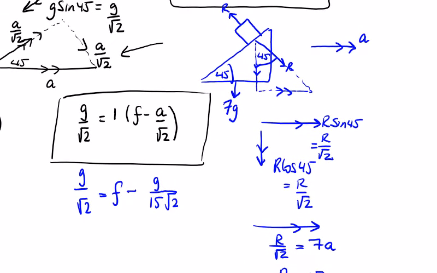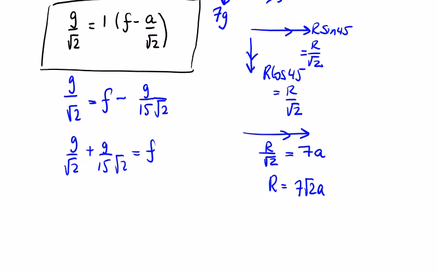So I just want to get F, don't I? So I've got g over root 2 plus g over 15 root 2 is equal to F. So that's going to give me, cross multiply, a common denominator of 15 root 2.